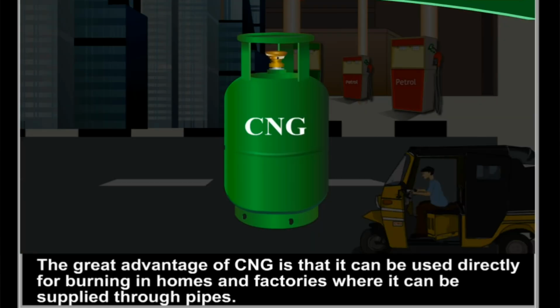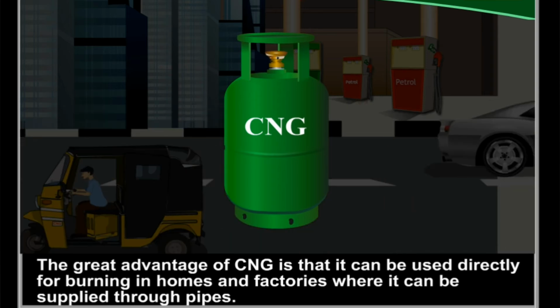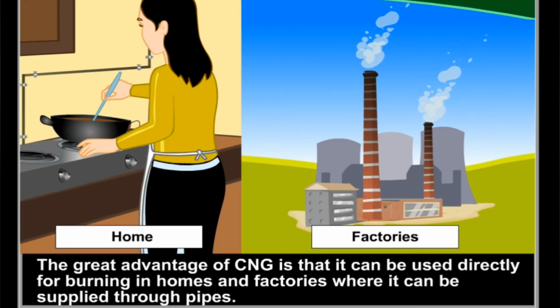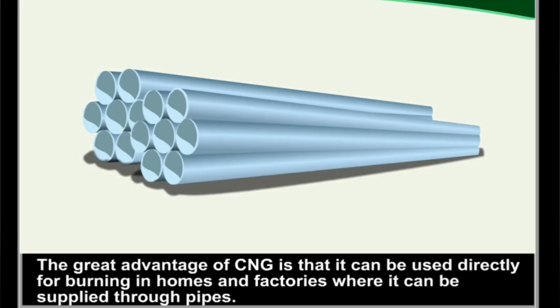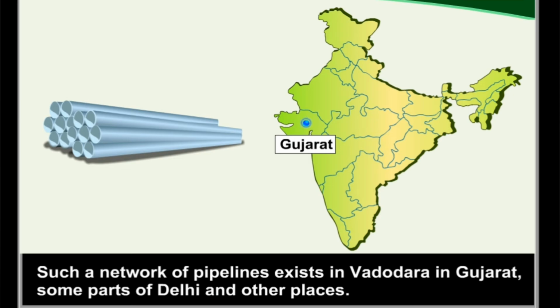The great advantage of CNG is that it can be used directly for burning in homes and factories where it can be supplied through pipes. Such a network of pipelines exists in Vadodara in Gujarat, some parts of Delhi and other places.